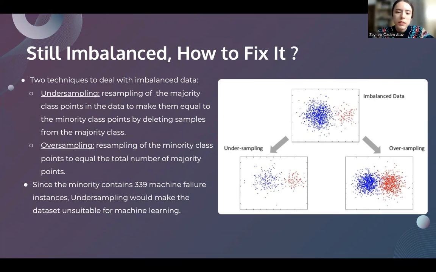But it's quite obvious actually that undersampling would make our data set unusable for machine learning, as our minority class had 339 machine failure instances. If we were to delete from the majority class, we would end up with something like 700 data points, and that's not wise. So we decided to do oversampling.